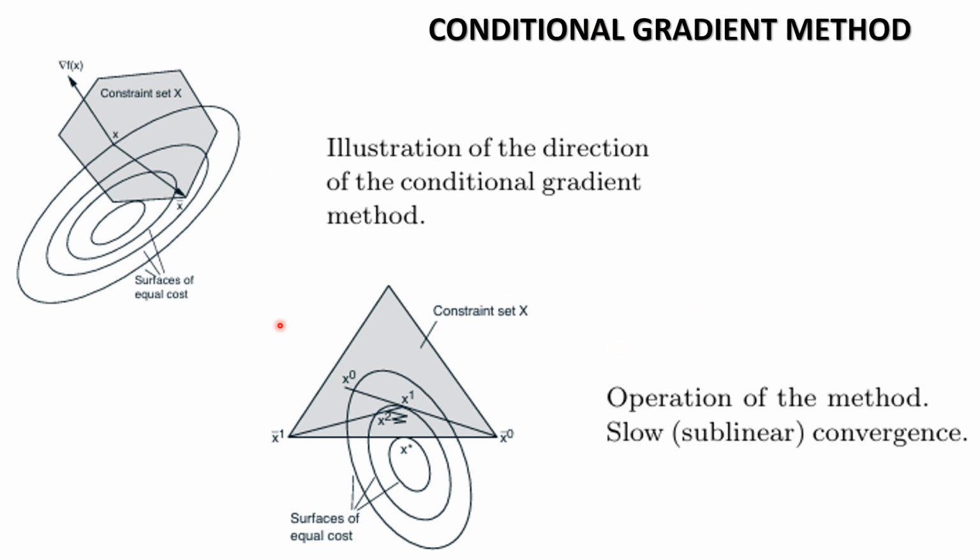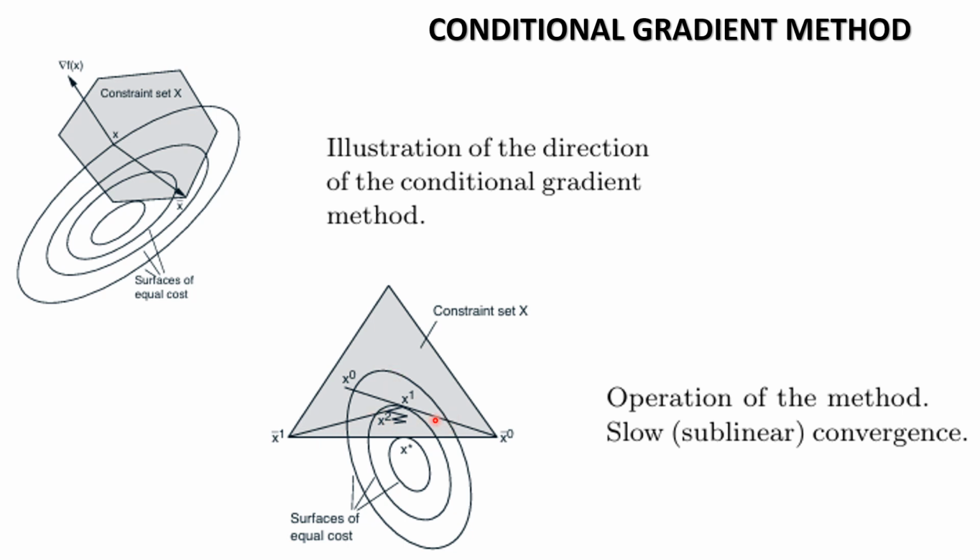Let's consider another picture, and this image shows how the conditional gradient method, the Frank-Wolfe method, operates over time and visually explains its characteristic slow sublinear convergence. Here, the feasible set X, this triangle, is the constraint set X, a convex polytope in R^2.